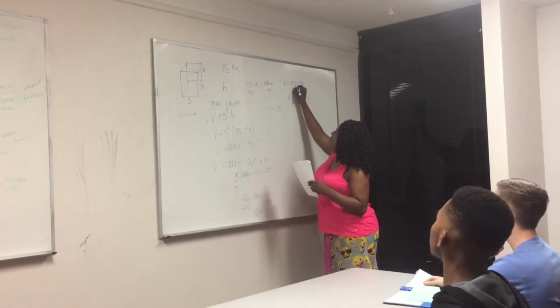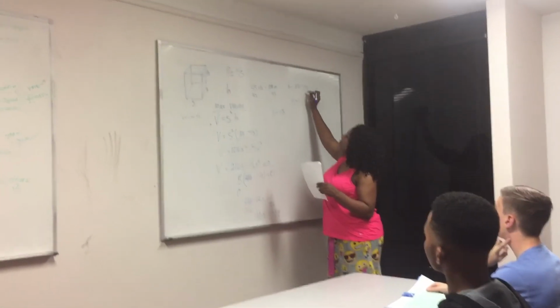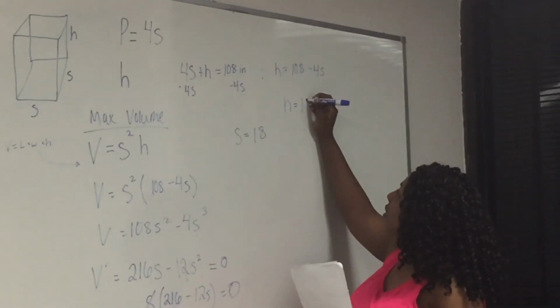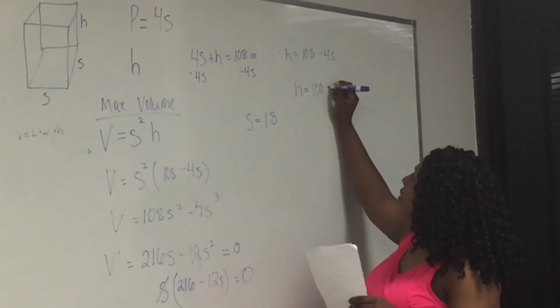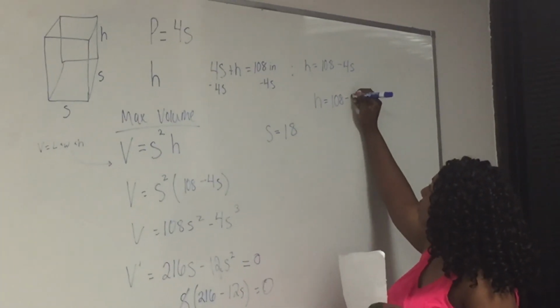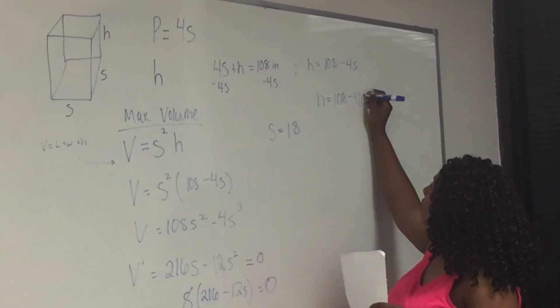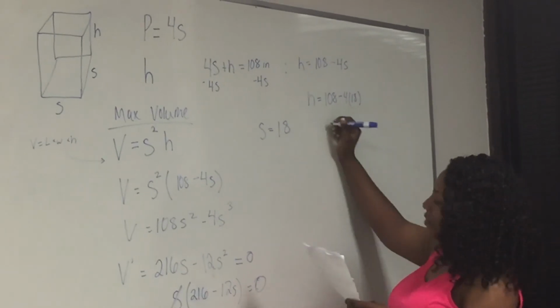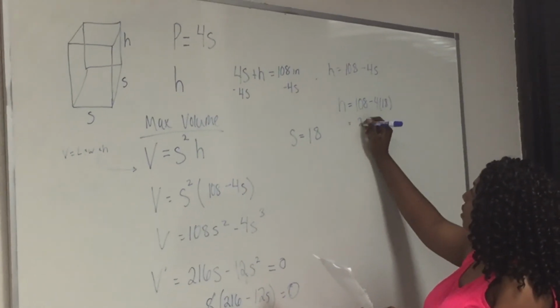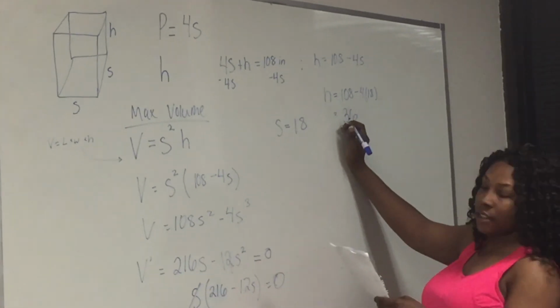We go back to our height equation, which is H is equal to 108 minus 4S. We have our S now, which is 18. So we subtract 4 times 18, which gives us 36 as our height.